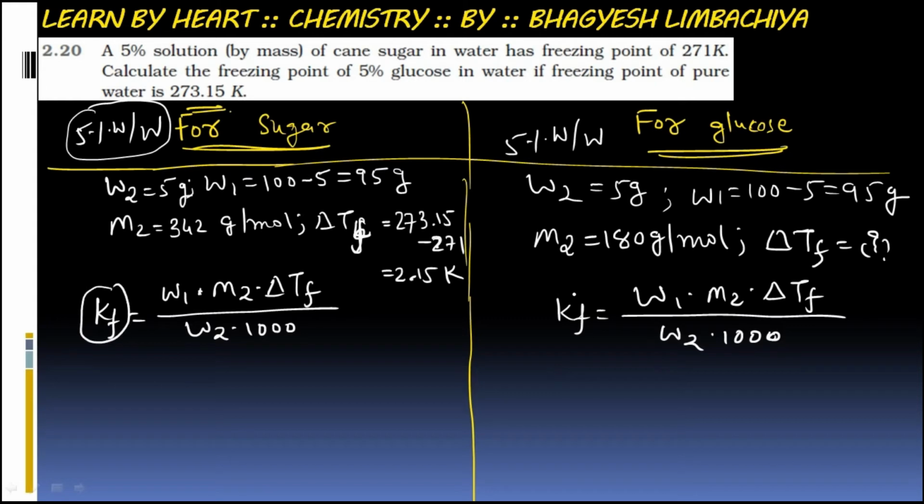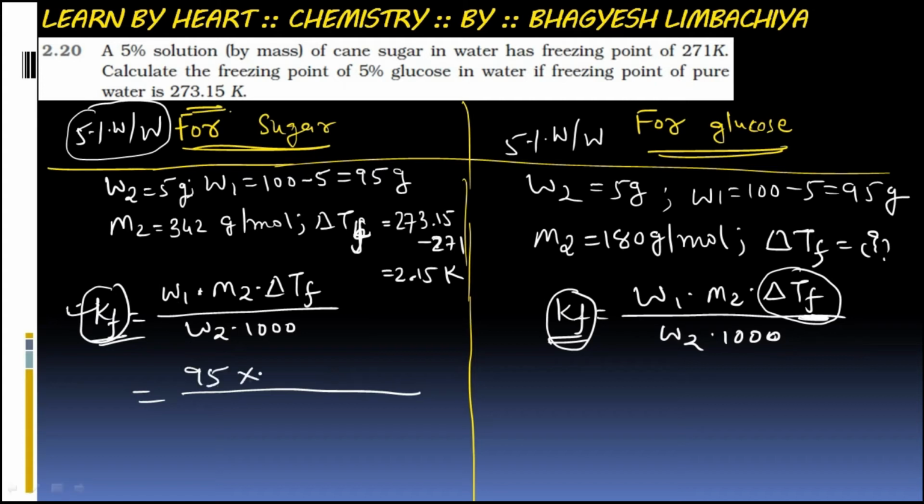Now the Kf term will be constant because Kf is the molal depression constant, the cryoscopic constant. So we can calculate delta TF. So first here we will calculate Kf.